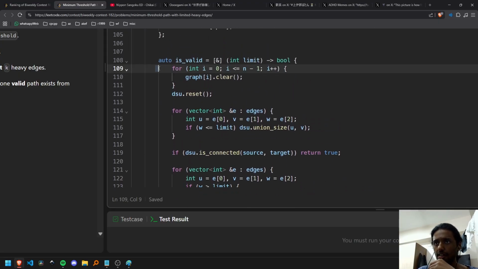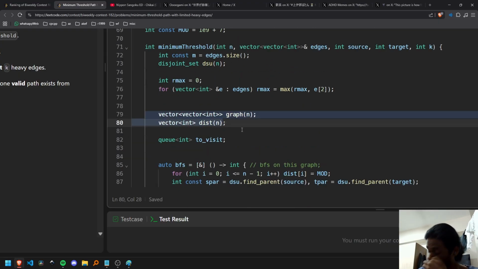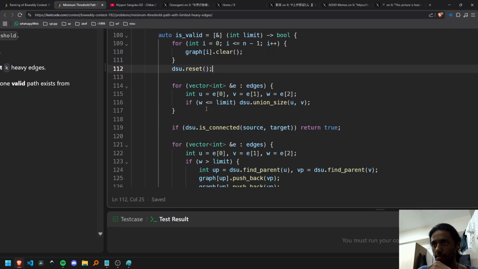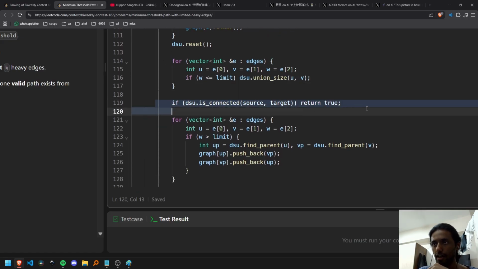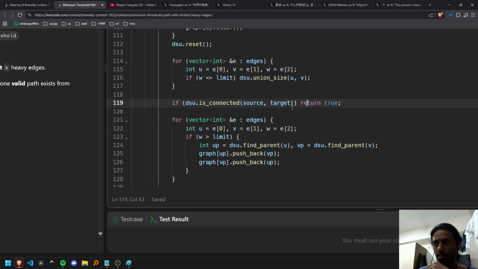In my is-valid function, I'm clearing the graph because I'm using the same graph here, and resetting the DSU. For every edge which is less than or equal to the weight, I'm just unioning them, connecting them in the DSU regardless. And if in doing that my source and target become connected, then obviously I can go. If they're in the same component only, then there's no need for the heavy edge traversal. It will always be less than or equal to k, so I can return true.